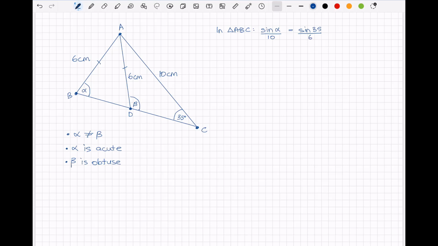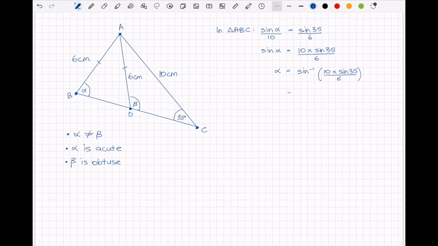That means sine of alpha is equal to 10 times sine of 35 over 6, and alpha will be equal to the inverse sine of 10 times sine 35, all divided by 6.